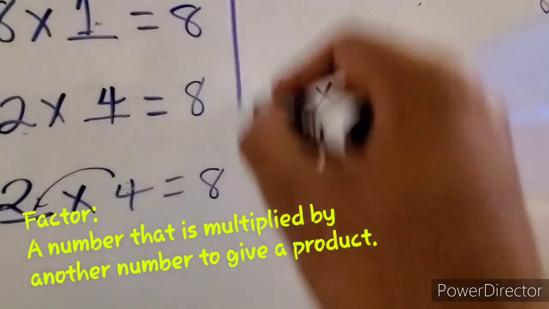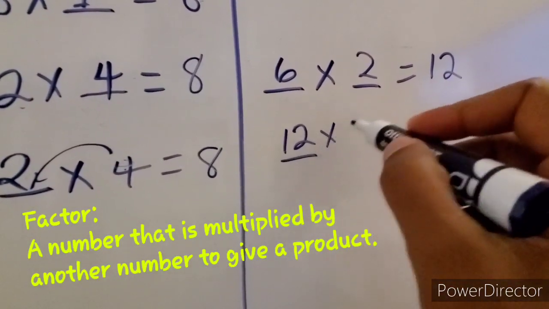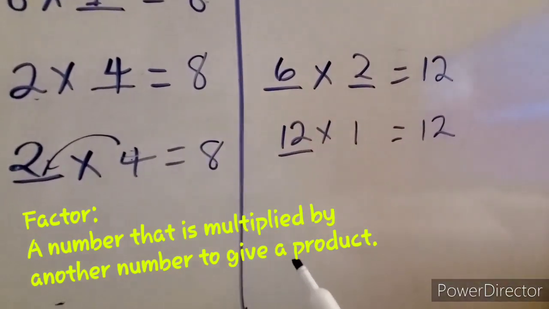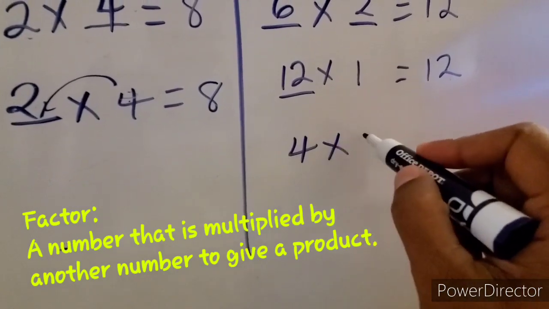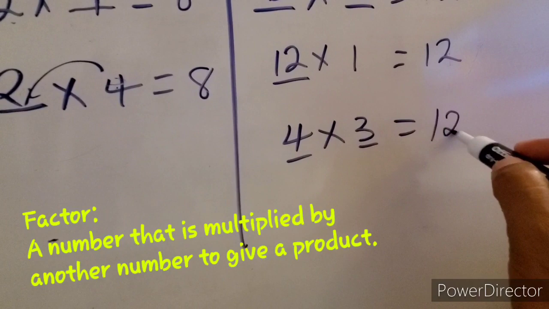Or 12 times 1 will give you 12. Also, 4 times 3 will give you 12 also.